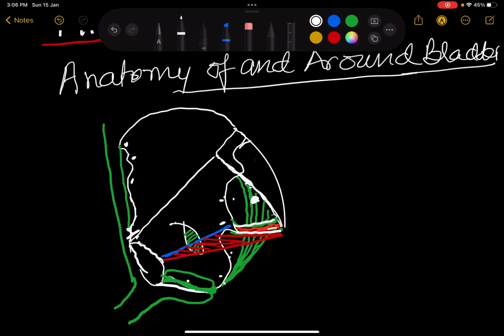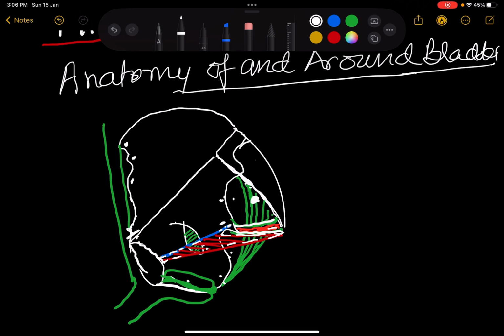And there's a tendon which runs from the ischial tuberosity to the pubic symphysis. This is the tendon of the levator ani. And the levator ani arises from this tendon and goes on to the coccyx.